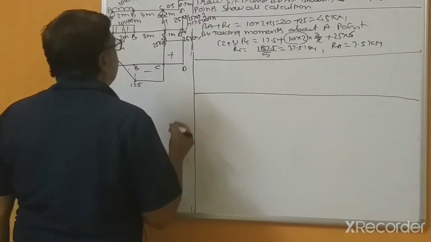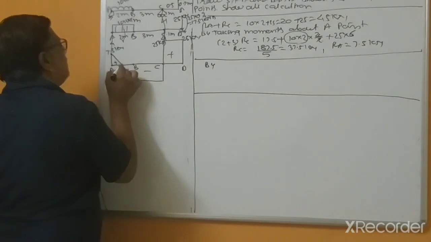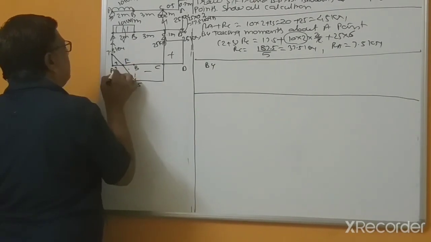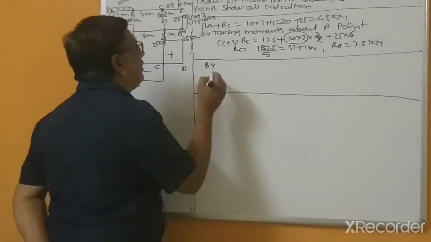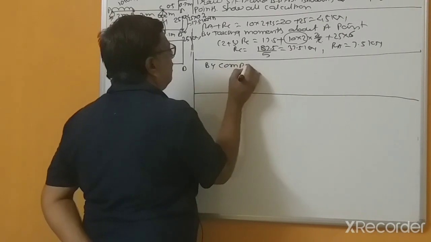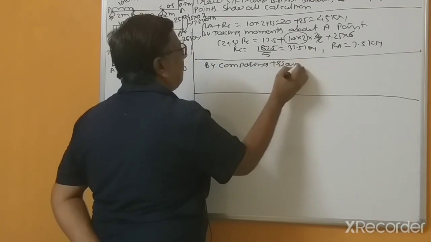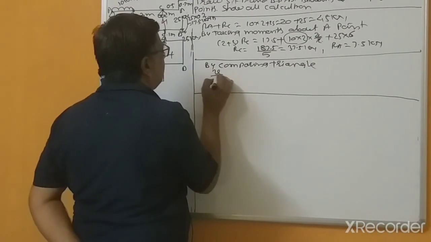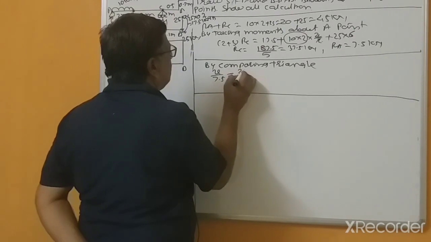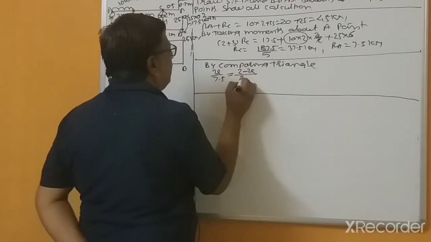Now by comparing triangles, suppose this point is E and this distance is x, so this is 2 minus x. By comparing triangles, x divided by 7.5 equals (2 minus x) divided by 12.5.